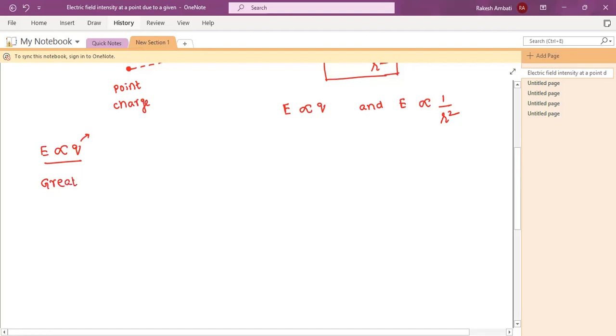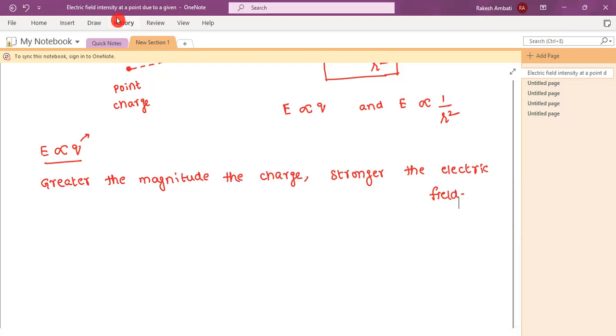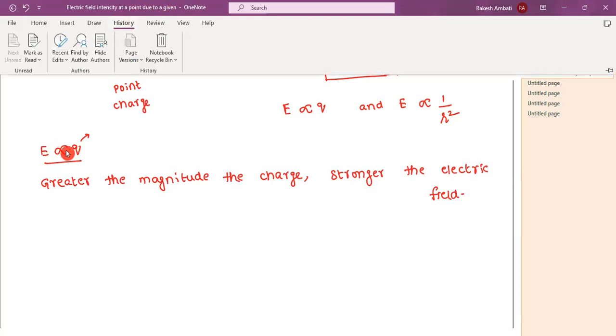So greater the magnitude of the charge, stronger the electric field.